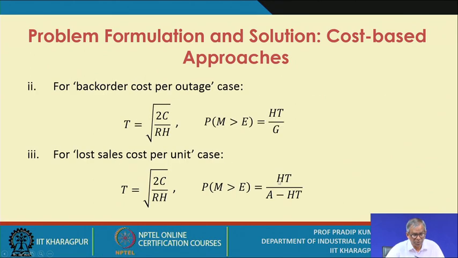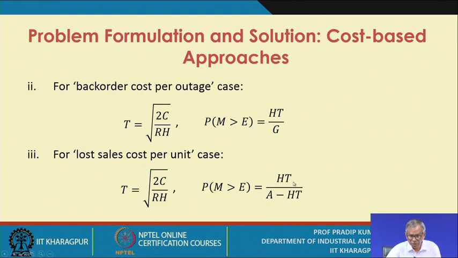Okay, so this is the expression, and similarly for the back ordering cost per outage case, this is the expression for T, and essentially we have been using the EOQ formula, if that is valid, it's an approximation, and this is the probability of going out of stock, and this is HT by G. For lost sales cost per unit case, the optimal order period is root over twice C by RH, and this is the probability of going out of stock during the order period and the lead time.